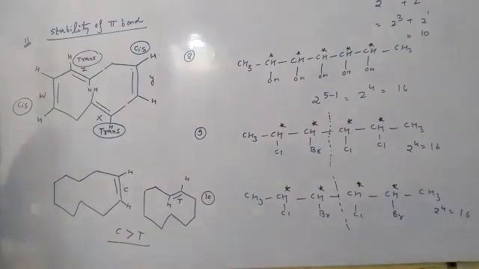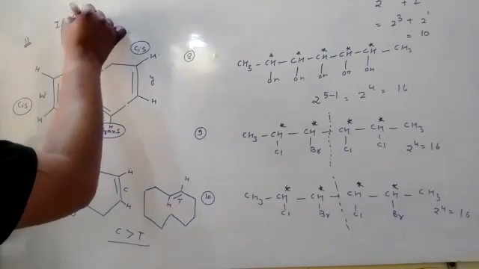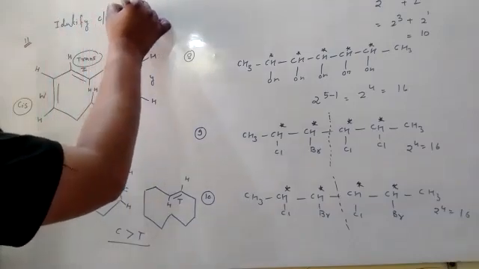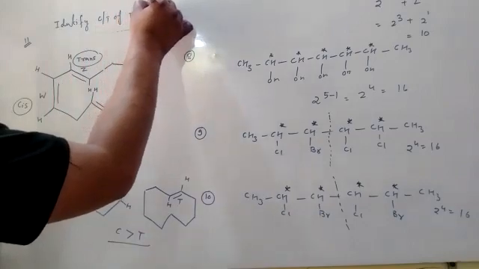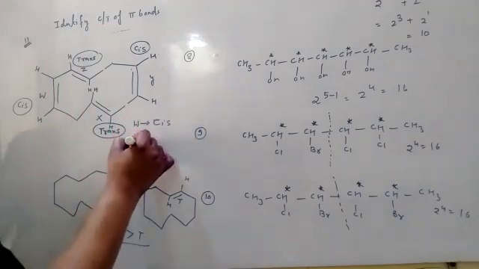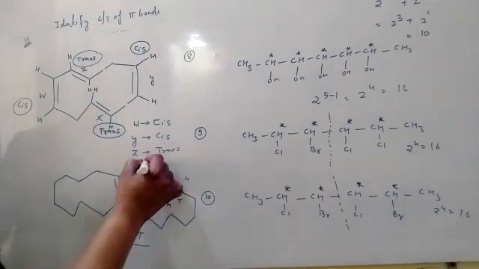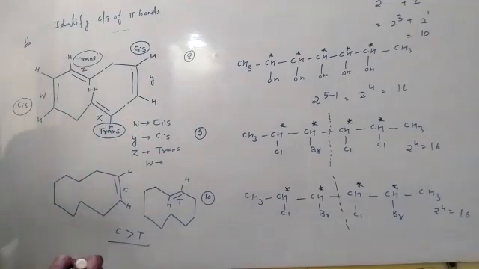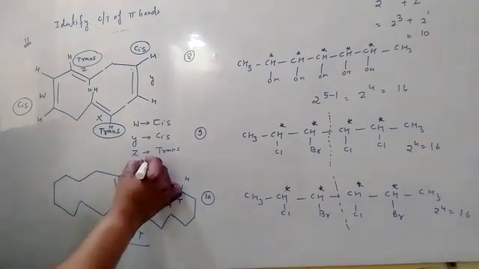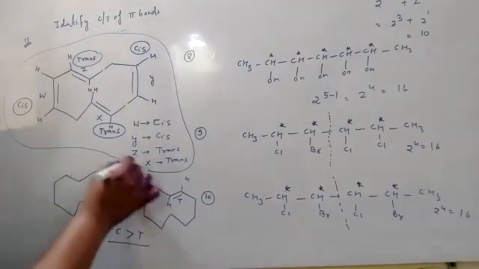So basically the idea is which one is trans. We can identify cis and trans of pi bonds. So W is cis, Y is cis, Z is trans, and X is trans. You just note this down.